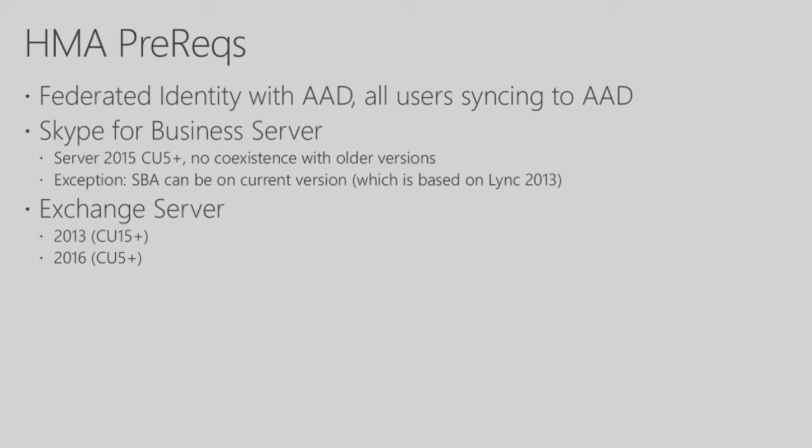Basically, Exchange's support statement for hybrid is that if you're in a hybrid Exchange deployment, we support the current CU and -1, okay? So now we've gotten to the point where ideally you should be on the current or the -1, which is past this. The important thing for Exchange is that you cannot have 2010. You cannot have 2010 anywhere in your environment, okay? Even if you have no users hosted with mailboxes on 2010, you cannot have 2010.